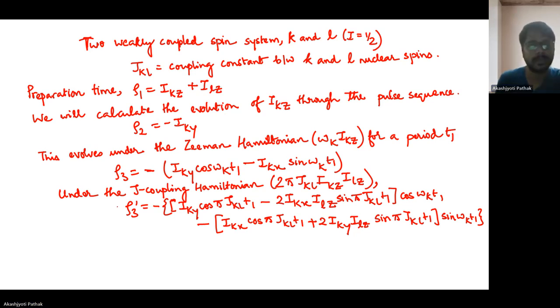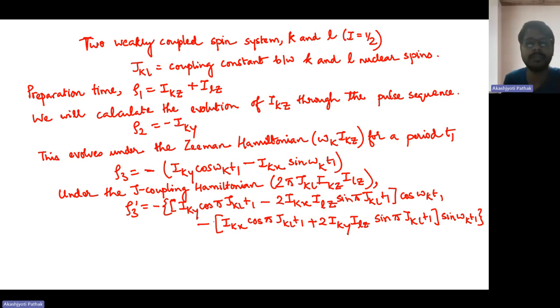So what you are doing here, if you consider the evolution under the J coupling Hamiltonian, 2 pi J kl Ikz Ilz, then the density operator rho 3 dash can be written in this form.